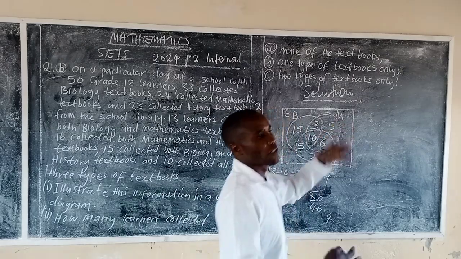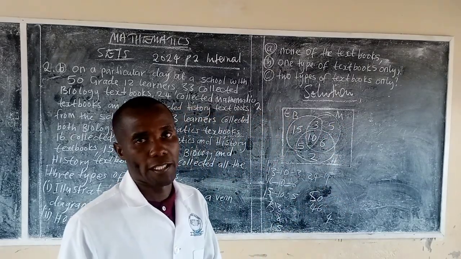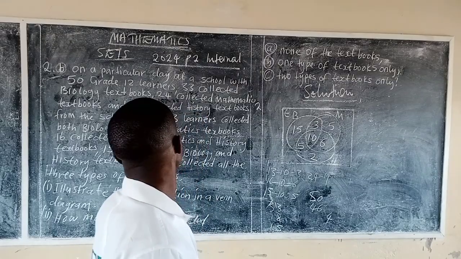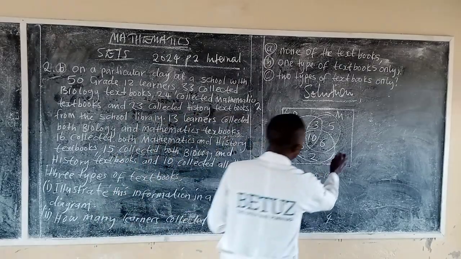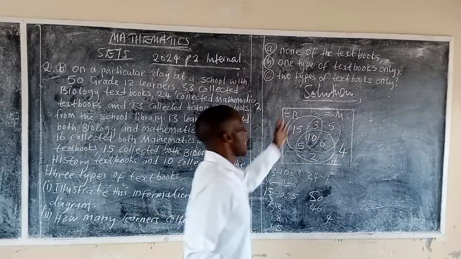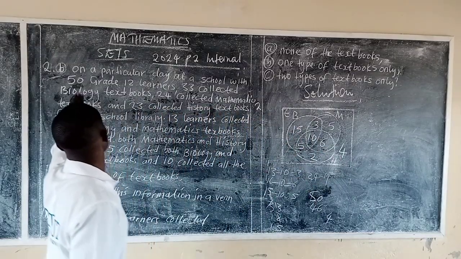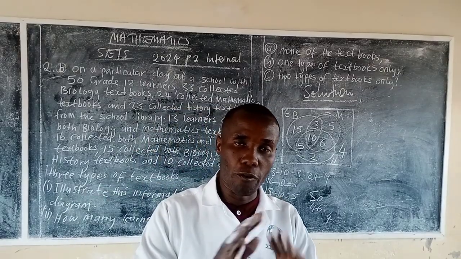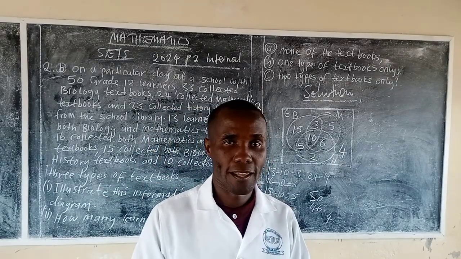Why? They did not take part. They did not collect any book, though they were in the 12. So that 4 will be outside, so that when we add the total number of learners, we are going to have the 50 that we are given. By so doing, it means we are illustrated. We are done. That is the way to go.